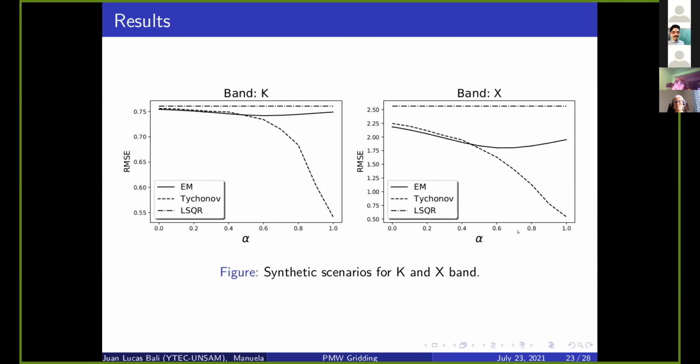After a certain point, Tikhonov proves to be much more performant than expectation maximization, because in the expression itself, in the regularization operator, the penalization is included, specifically taking into account neighboring cells of the same type.